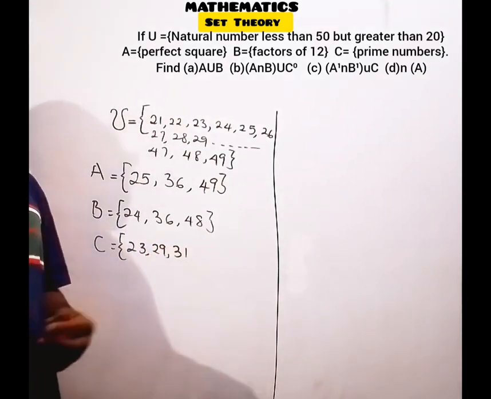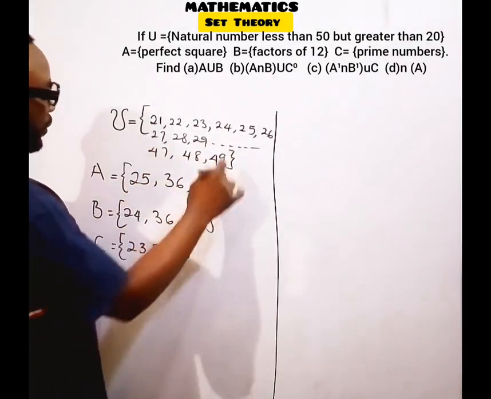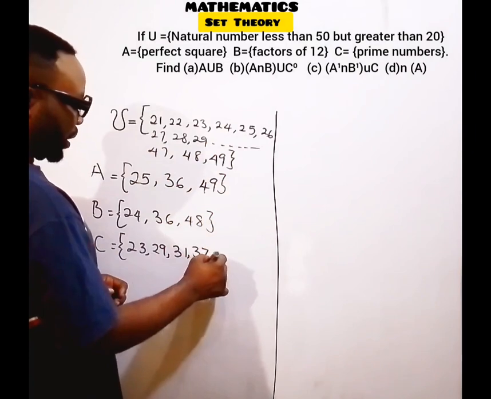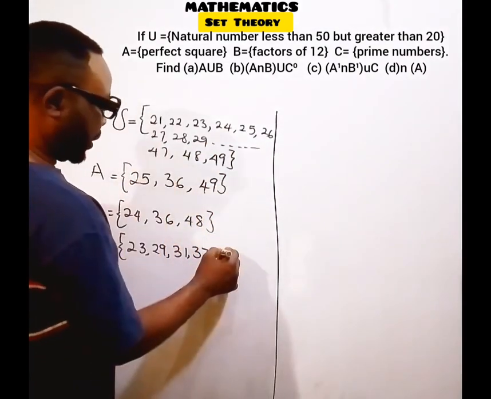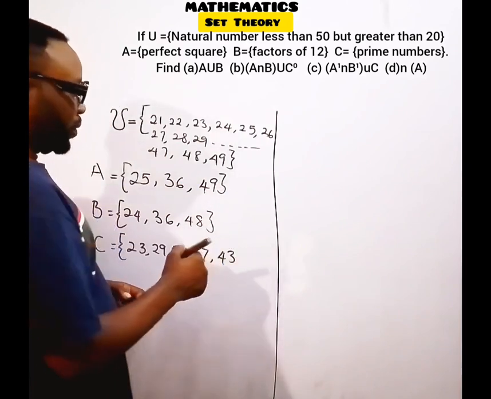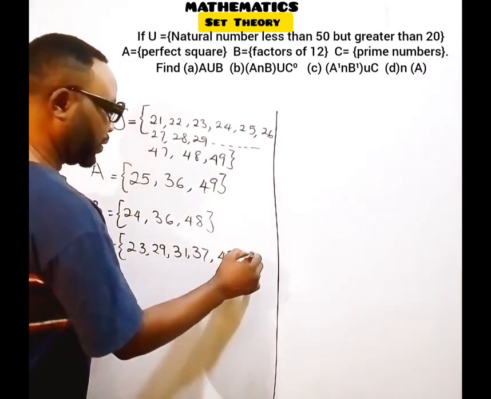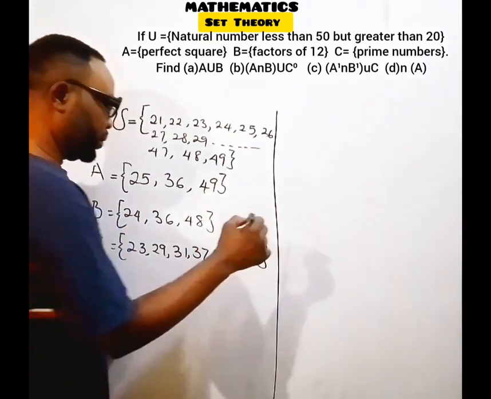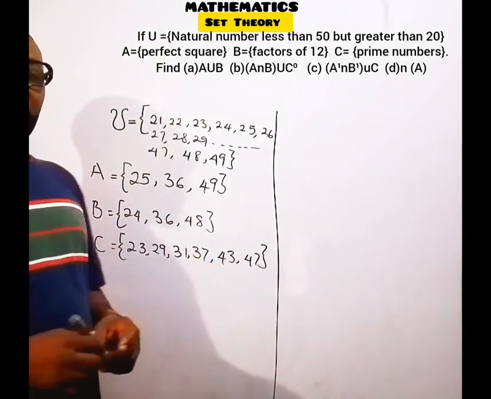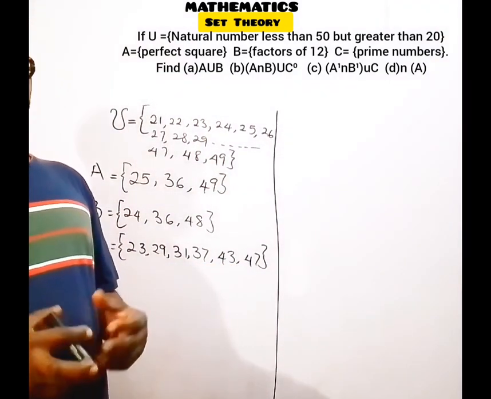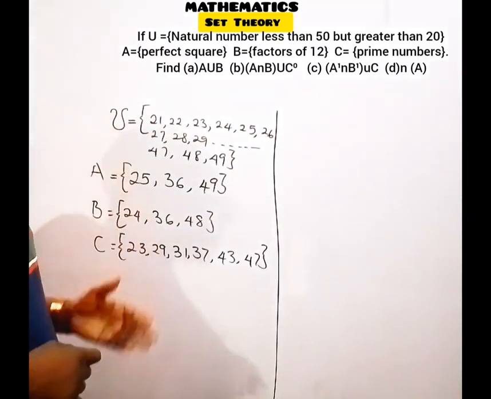After 31, we're going to have 37. After 37, we're going to have 43. After 43, we can also have 47. There's no number you can use to divide any of these values except 1 and itself without having a remainder.